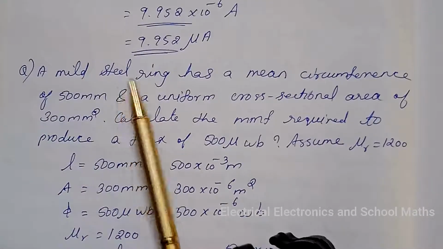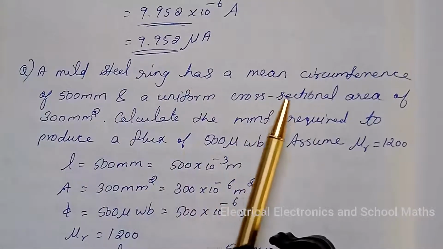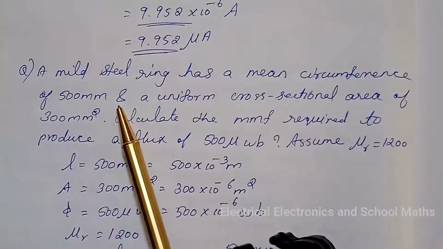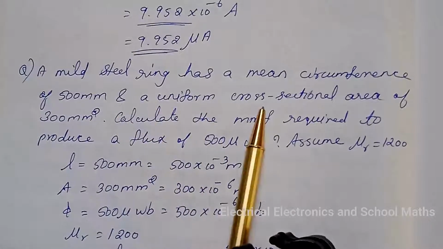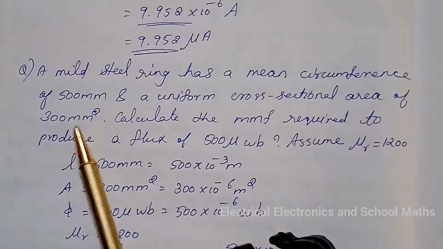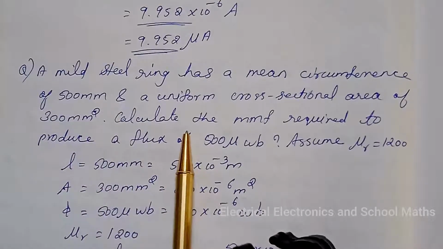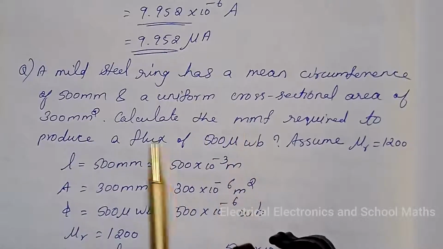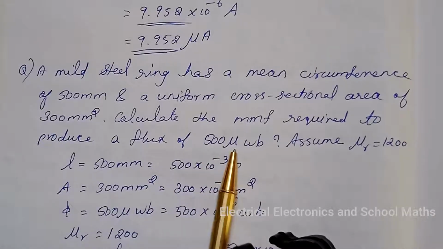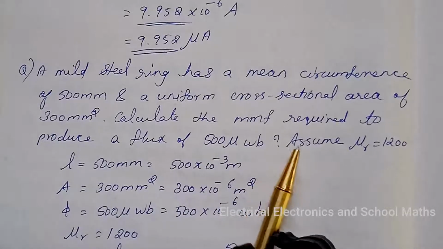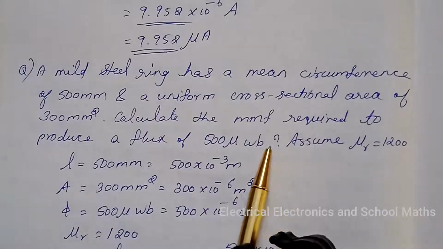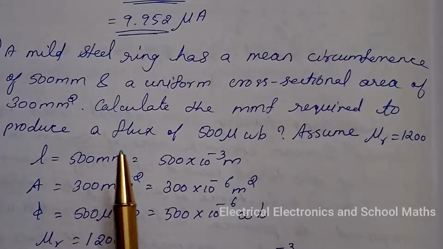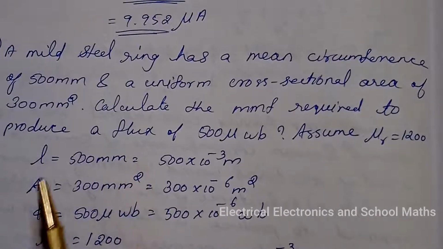Next question. A mild steel ring has a mean circumference of 500 millimeter and a uniform cross-sectional area of 300 millimeter square. Calculate the mmf required to produce a flux of 500 microweber. Assume mu r equal to 1200. So how will you do the problem?